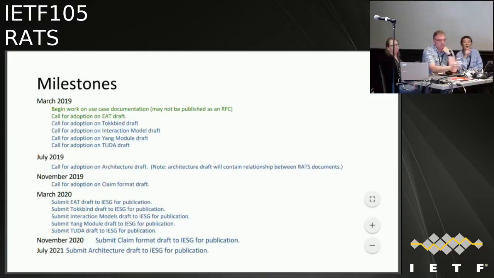If we can stay on track, we're going to ask the question tomorrow, after the updates for both the architecture and the Yang module, whether there have been enough reviewers to put the question of calling for adoption. So we'll be updating the milestones.